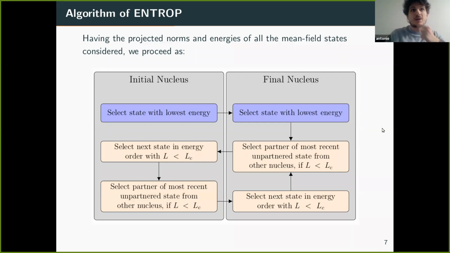So the question that arises now is the obvious one. Can we afford to do that? If we do that, do results hardly change, or do they change a lot? For that, we need to test this method using a full calculation with all of these states, and then see the results using the states selected with ENTROP, using this algorithm here.